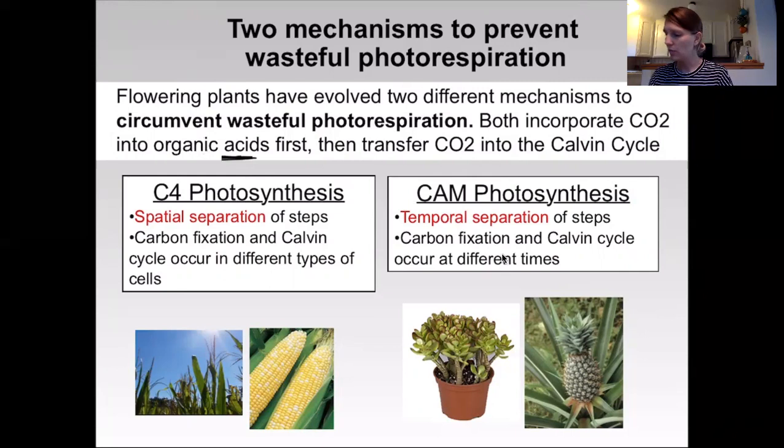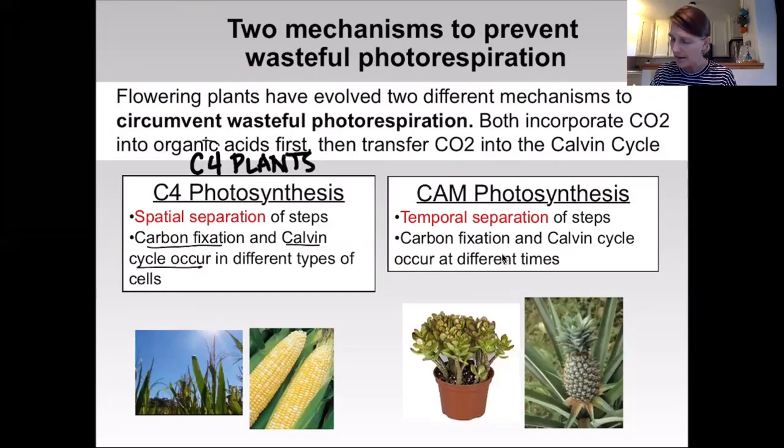And they do this in two mechanisms. The first is called C4 photosynthesis, or some plants are called C4 plants. And C4 plants, the way I remember this, they have a spatial separation of carbon fixation and the Calvin cycle. They occur in different places within a plant.